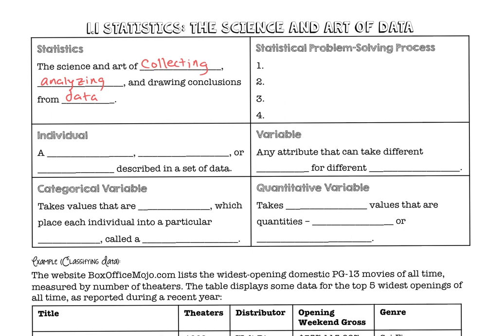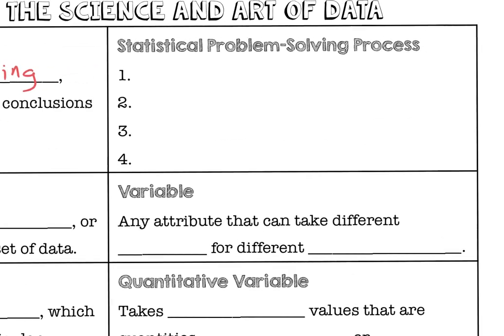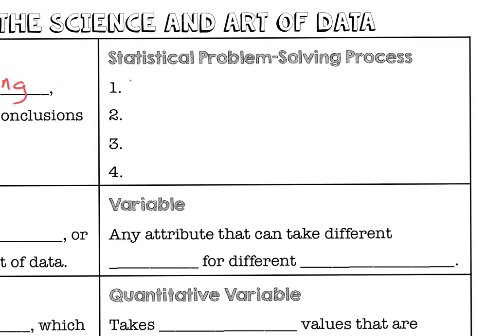And that leads us really to what our four-step statistical problem-solving process is, guys. There are four steps to that. Our first step, when we're trying to do a problem-solving process, is we have to have a question. So we want to ask some type of question. That's really why anybody does any type of research, because they have a question that they want answered.